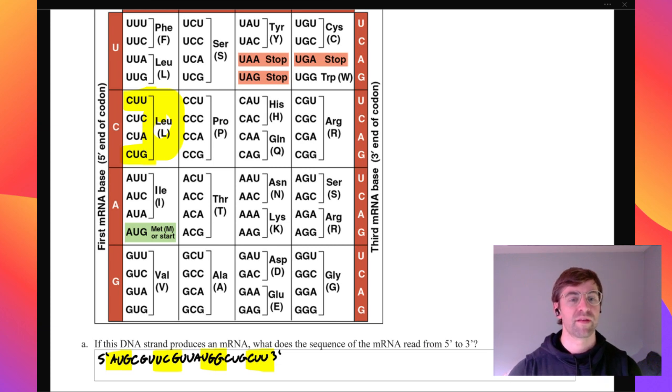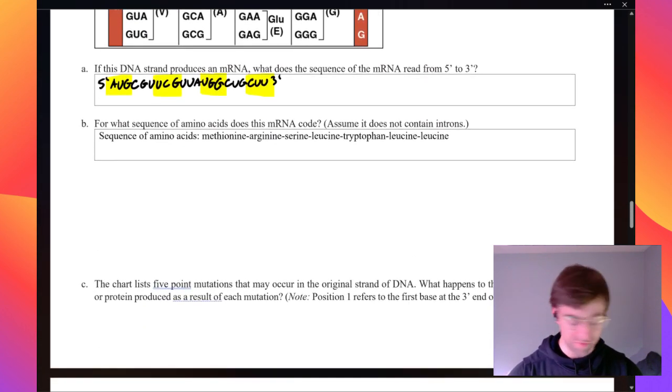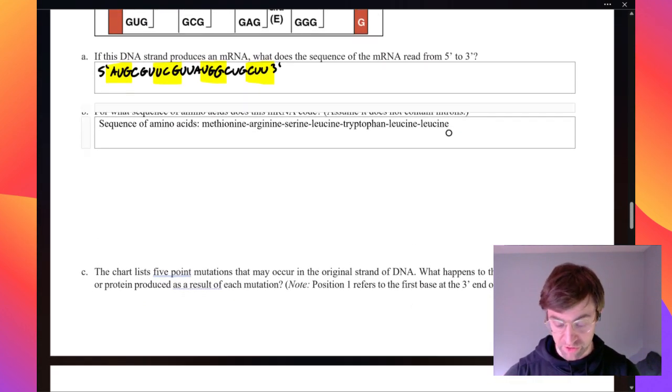Yes. Most amino acids are specified by more than one mRNA codon, but one mRNA codon cannot code for more than one amino acid. So it's specific and redundant. And that is a really important feature of RNA that you should know.